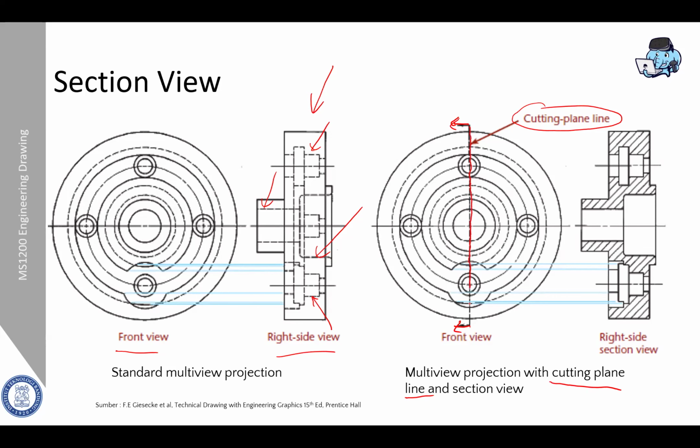Then after that you remove this part, and then you present the section view like this. So this is the right side section view.